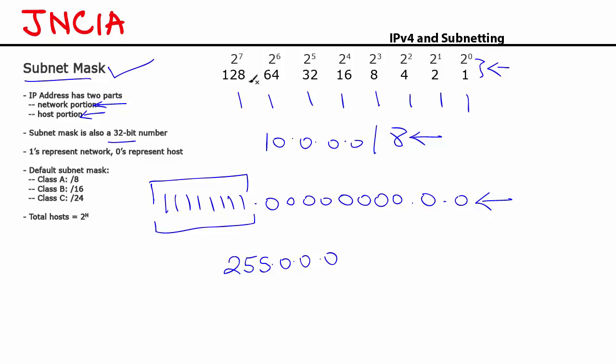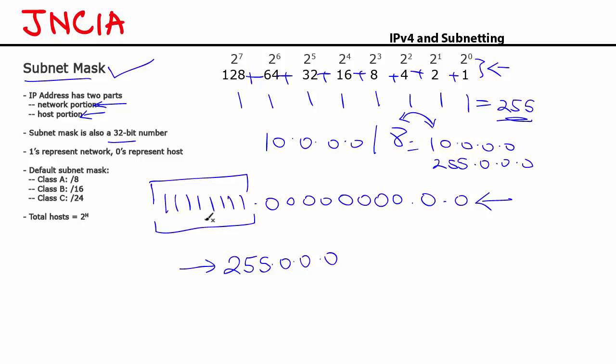Add the powers of 2 corresponding to the ones and you get the value of 255. That's how you get this value here, 255.0.0.0. So 10.0.0.0/8 is the same as writing it like this, is equal to 10.0.0.0, 255.0.0.0.